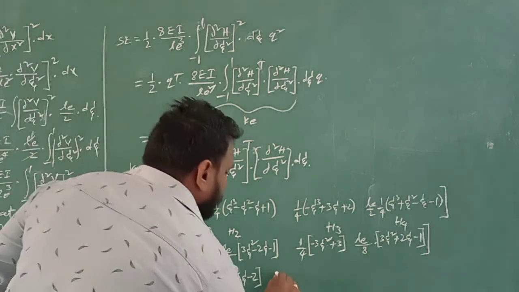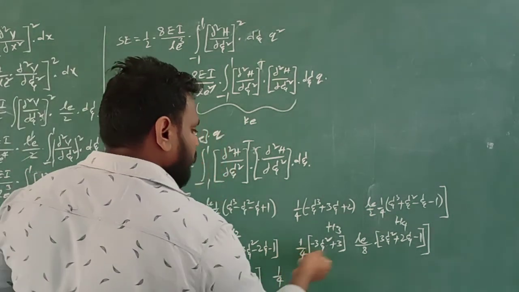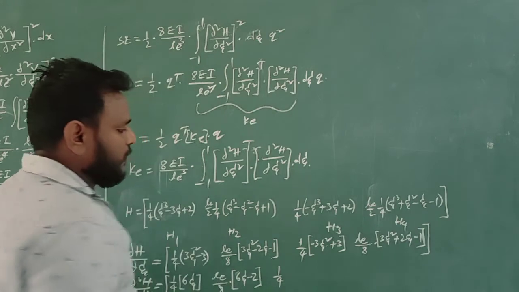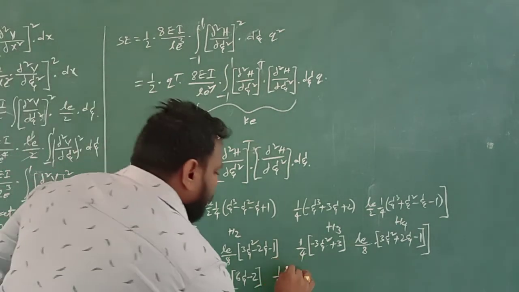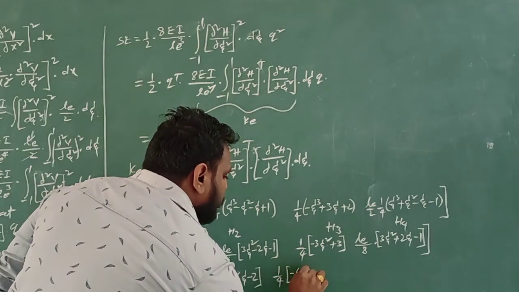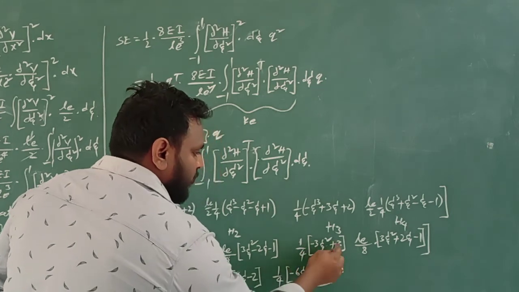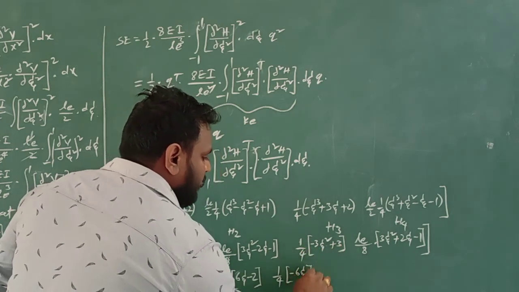Next, 1 by 4 into minus 6j, and the constant value is 0.